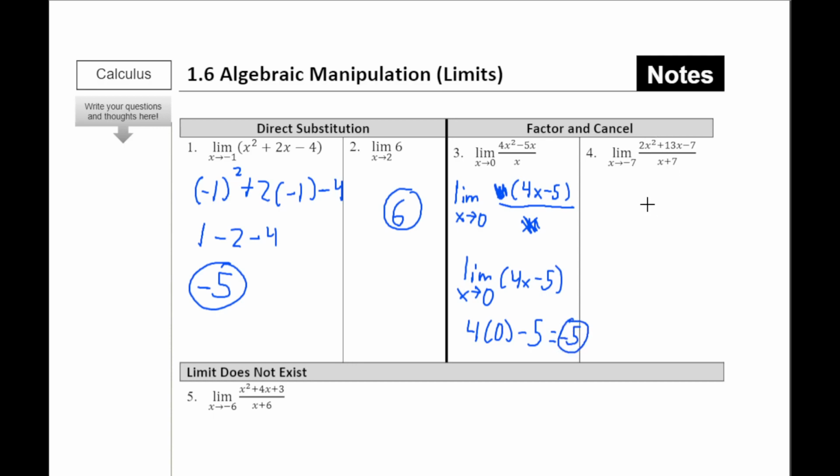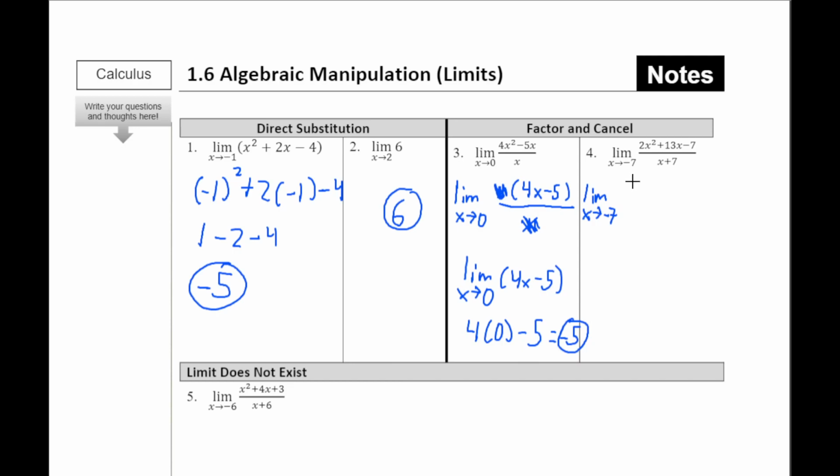Here's another factoring one right here. Limit as x approaches -7 of 2x squared plus 13x minus 7 over x plus 7. If you recall your factoring for this problem here, be sure to always rewrite the limit notation until you directly substitute the value in.